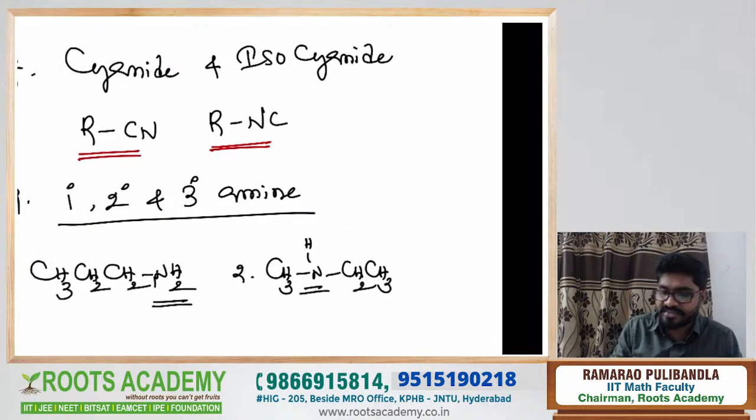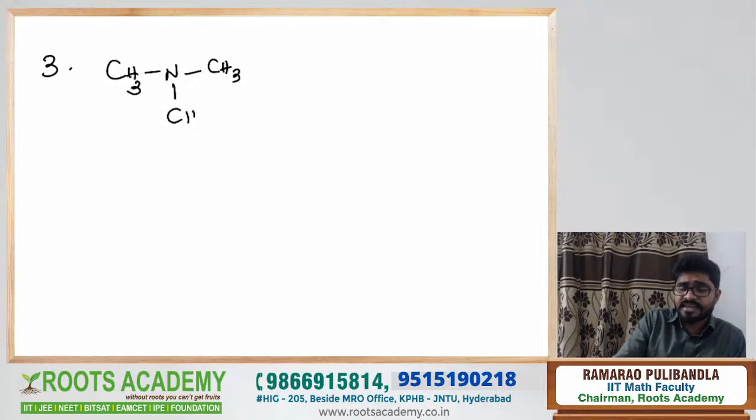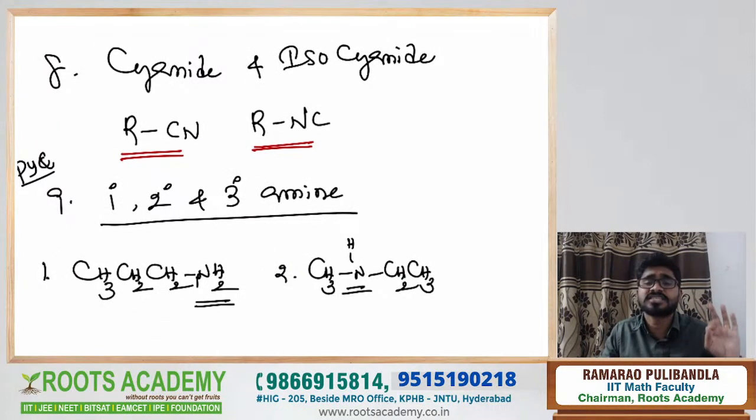Third one, CH3, N, CH3. Everywhere the number of carbon, hydrogen, nitrogen atoms should be the same. Nitrogen with no hydrogen atom, tertiary amine. Nitrogen with one hydrogen atom, secondary amine. Nitrogen with two hydrogen atoms, primary amine. These three are functional isomers. Very, very important, guys. Generally, you'll forget this. Please remember this.